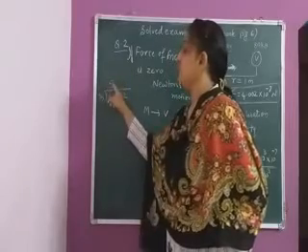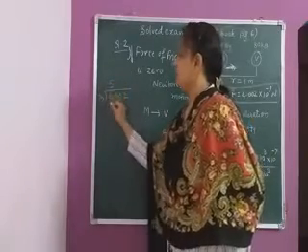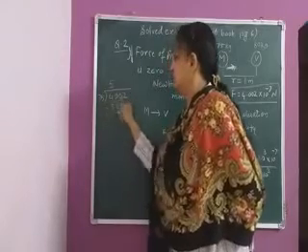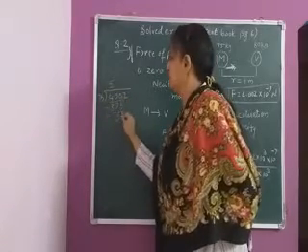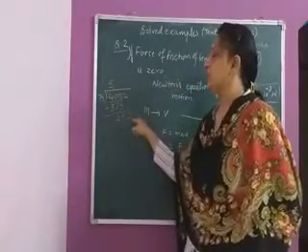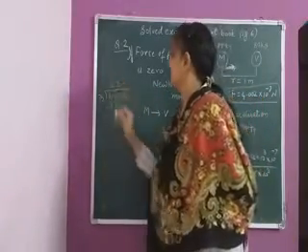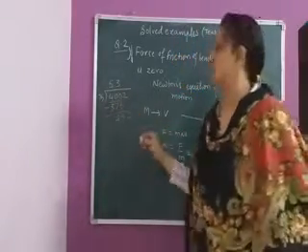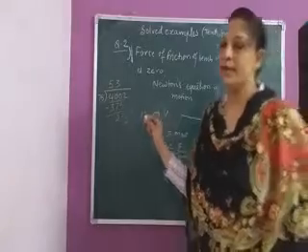Fifth place. 75 5s are 375. Remains 25. Take 2 down, 252. Now third place. 75 3s are 225.